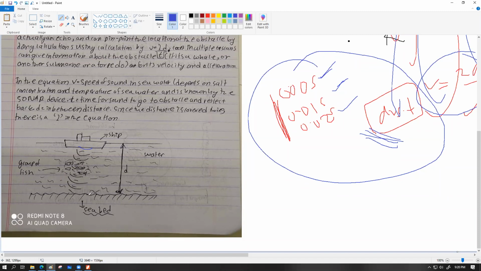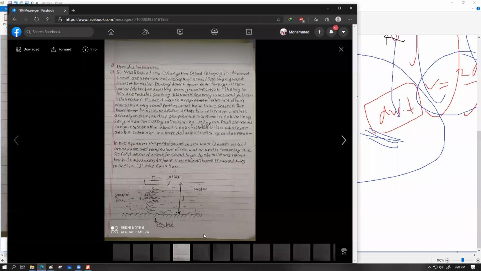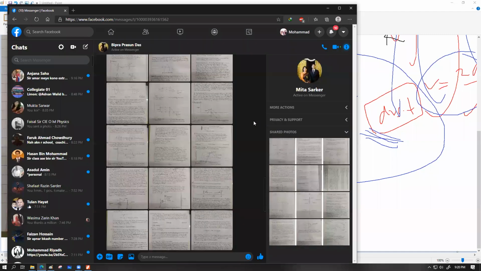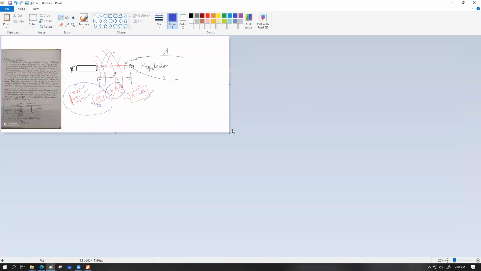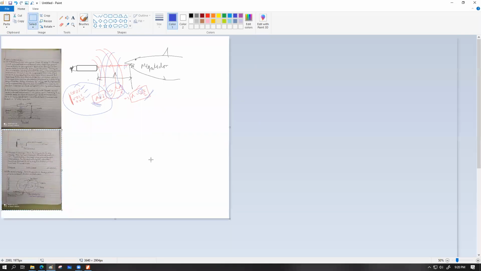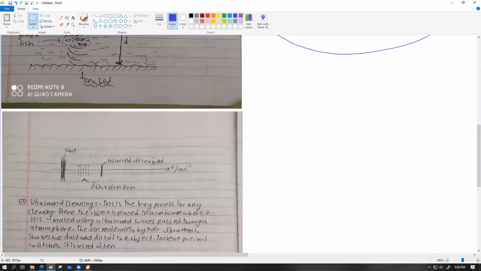They are going to get a pretty strong reflection from the seabed because it is a solid surface, but the reflections of the fishes are not going to be that strong. So it is possible that they might come up with a diagram which might look like this.